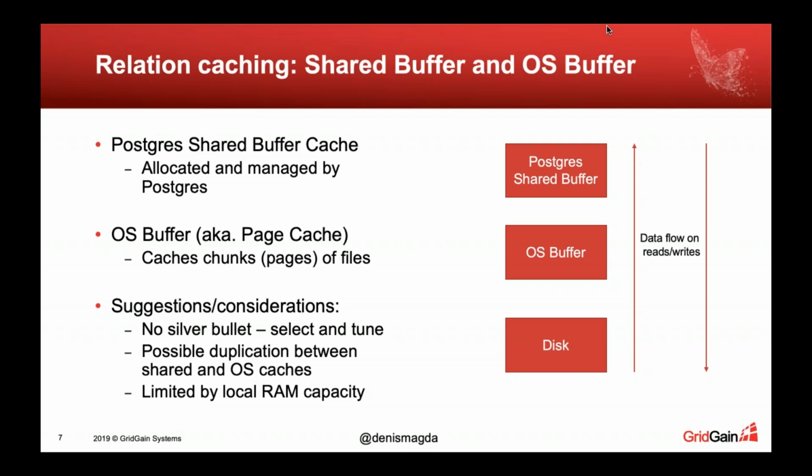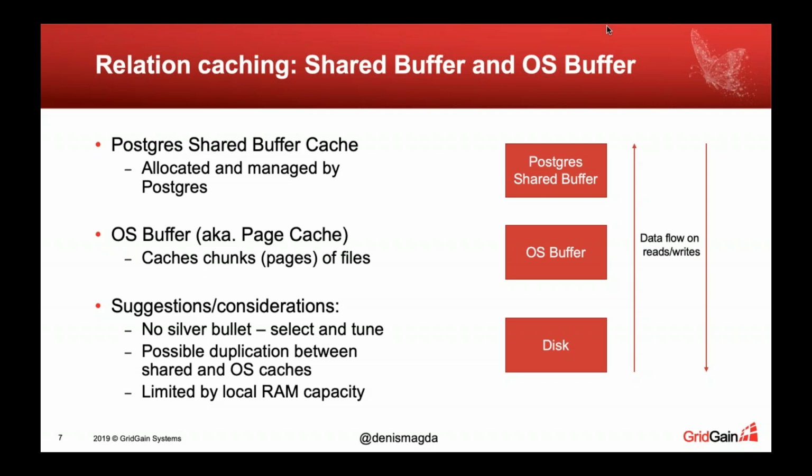But also, at the same time, what are the things to consider? By default you have the operating system buffer cache enabled on your machine, because it will not only be used for Postgres, it will be used for any other dozens or hundreds of applications and services running on your, let's say, Linux environment.